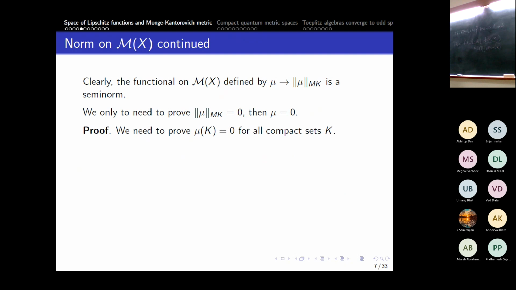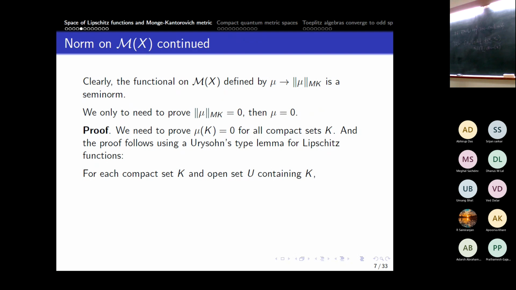We are over the complex Radon measures, so it suffices to prove only that μ(K) equals 0 for all compact sets K. Now the proof is similar to what we do in the case of the infinity norm. So we need something called an Urysohn type lemma for the Lipschitz function.